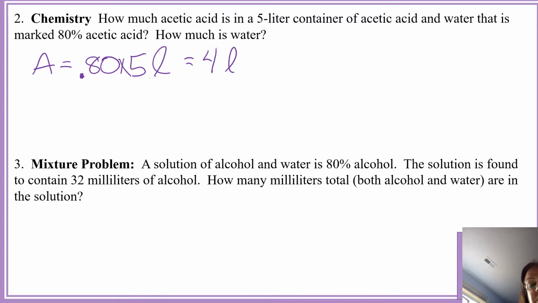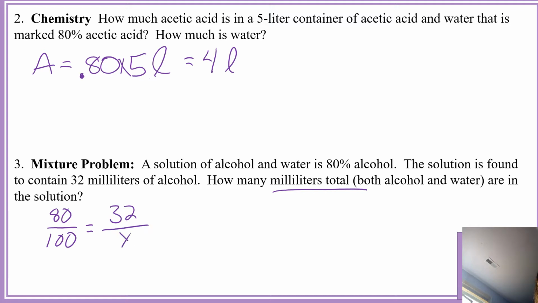All right, a solution of alcohol in water is 80% alcohol. The solution is found to contain 32 milliliters of alcohol. How many milliliters total? So we know that 80% has to be equal to the 32 milliliters of alcohol over the entire quantity. We cross multiply.